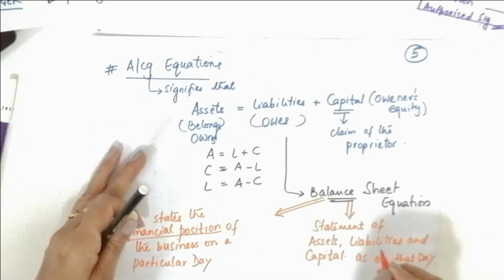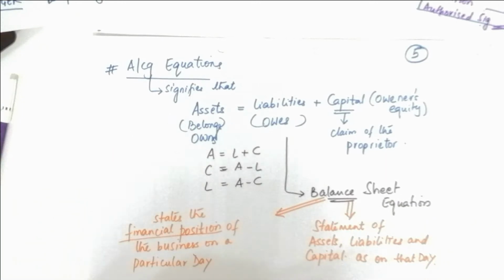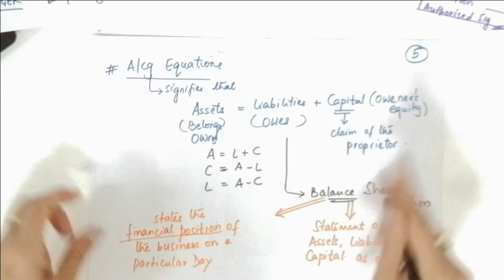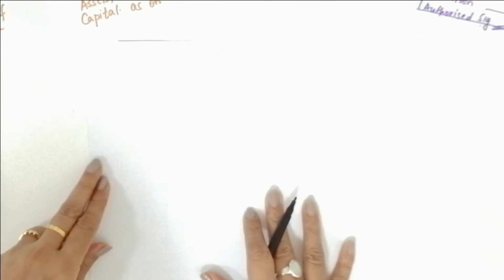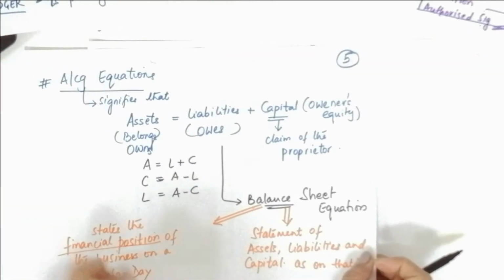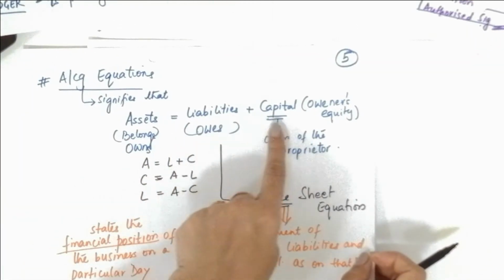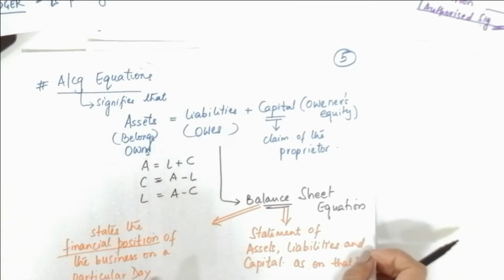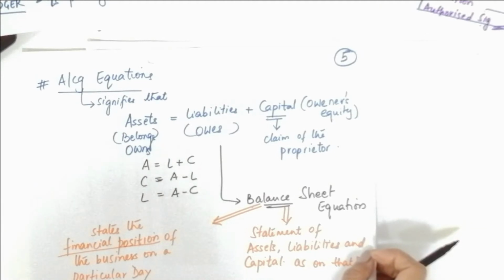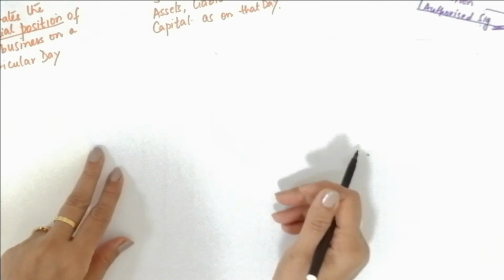It is prepared on a particular day. Now, to bring clarity to this, I'll explain by way of an example. Let's see if you have understood. Asset is equal to liabilities plus capital, and balance sheet states the financial position of the business on a particular day. Right? Now, let's say I take an example.